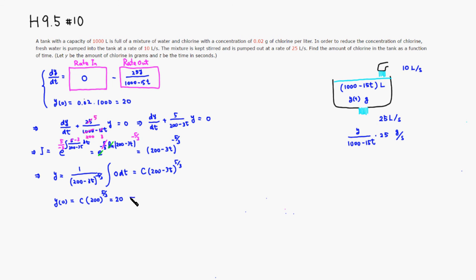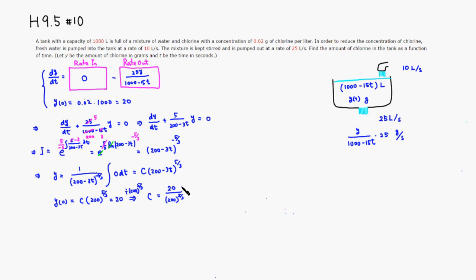So I'm going to divide through by 200 raised to the 5/3 power, so c is equal to 20 divided by 200 to the 5/3 power.